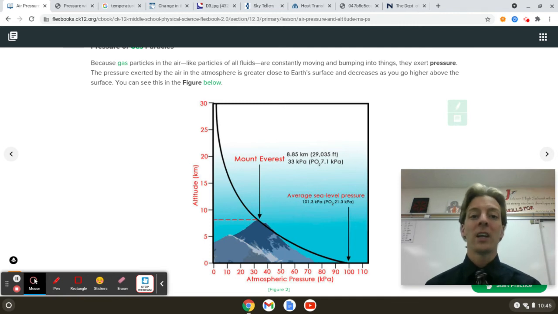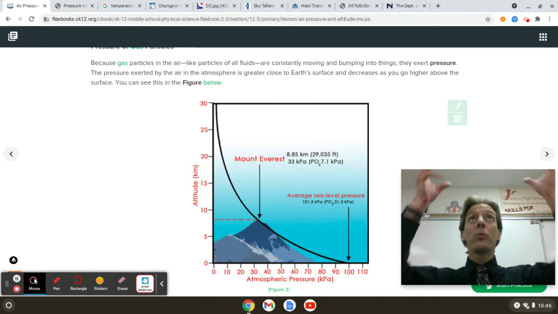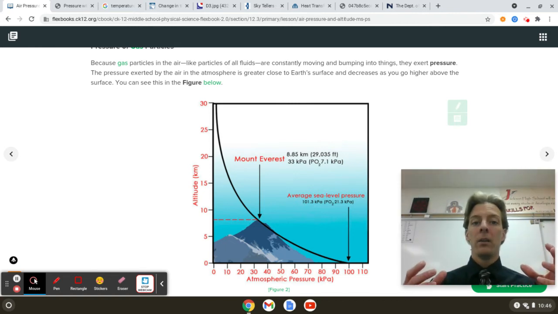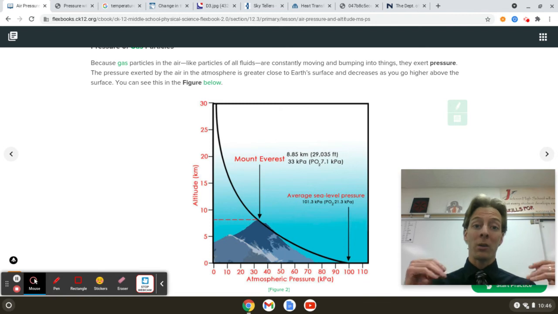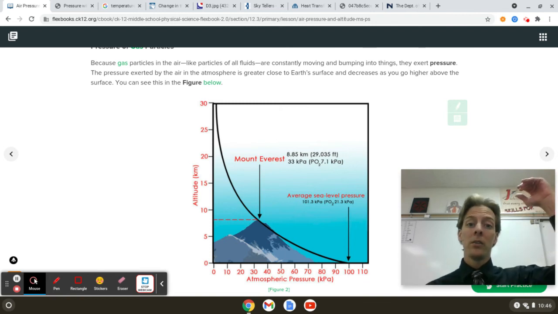One, it's not that thick, but two, you are so accustomed to it. You don't realize that the air is pushing all around you right now. You are at the bottom of a swimming pool of air. And just like going deeper down into a swimming pool when the pressure increases and your ears pop near the bottom, we are at the bottom of this pool of air. So if we went up, the air is going to get thinner. The pressure is going to decrease.